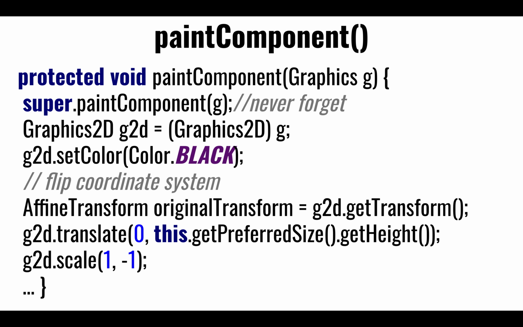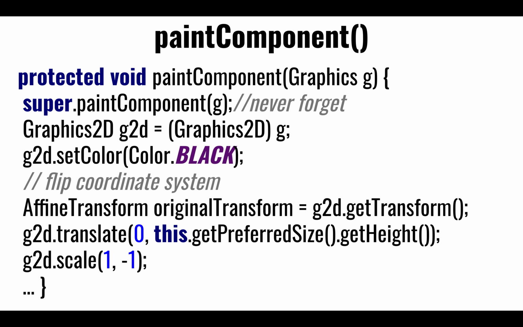But we can override paintComponent and say, no, this is what I want to render when you call my paintComponent. And as an argument, we're passed a graphics context. This is your pen, your pencil, so you can draw on the panel.